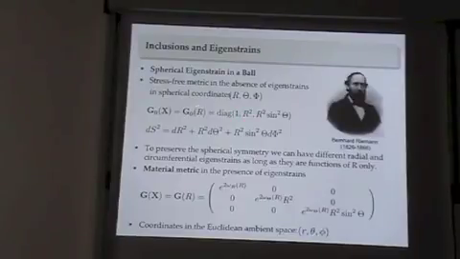In spherical coordinates, that means ds looks like this, right? If you don't have any inclusions, you just use flat Euclidean space with this metric in spherical coordinates. Now, what I'm going to assume is that I'm given some eigenstrains which vary with distance from the center.